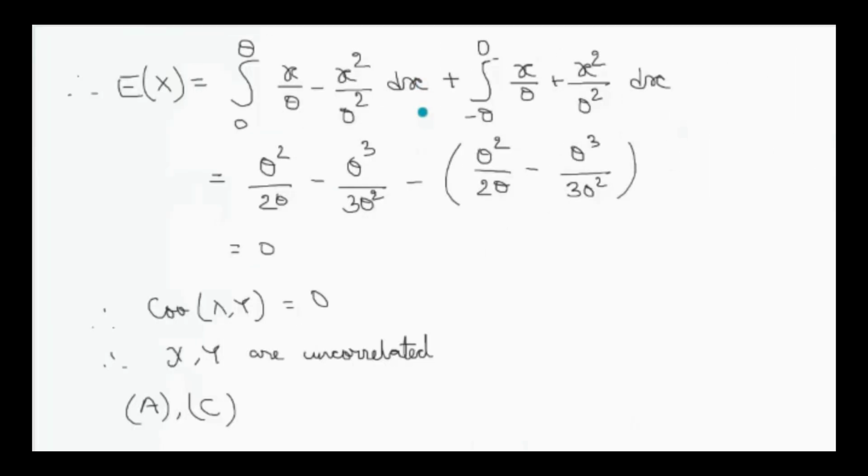For expectation of x, we have split the values of x into two halves, where x is positive and negative, and it comes out to be x by theta minus x square by theta square, and here it's x by theta plus x square by theta square. We do this integral, and it ends up being 0. So expectation of x is 0 and expectation of xy is 0 as well. So covariance of XY is 0. So X and Y are uncorrelated. This is a very good example where X and Y are dependent variables, but they turn out to be uncorrelated. And so A and C are the correct options.